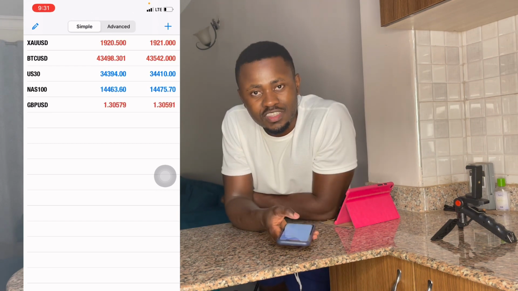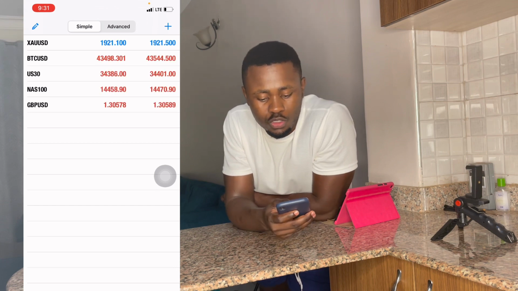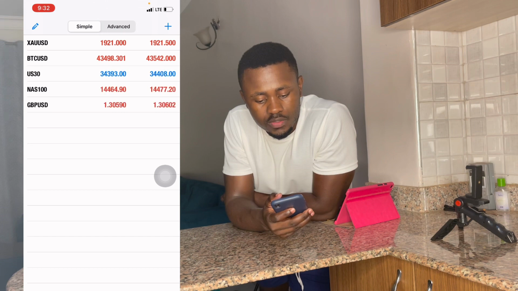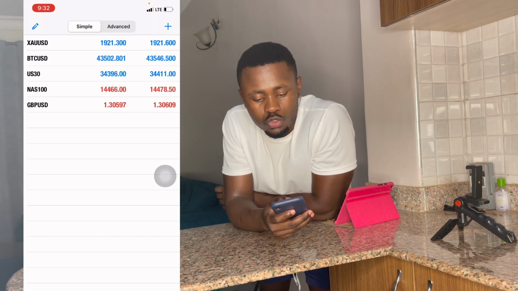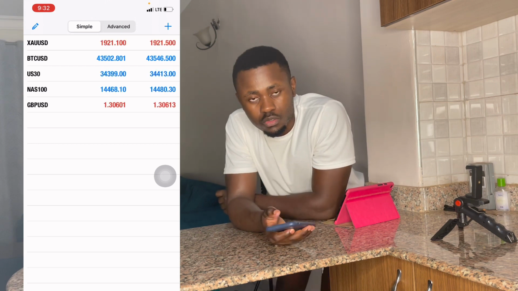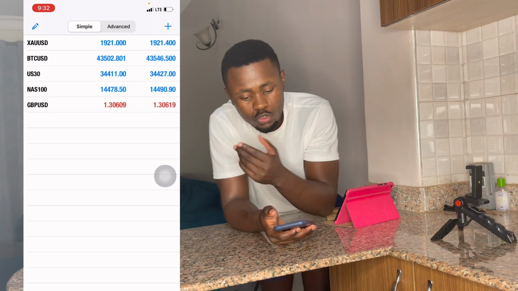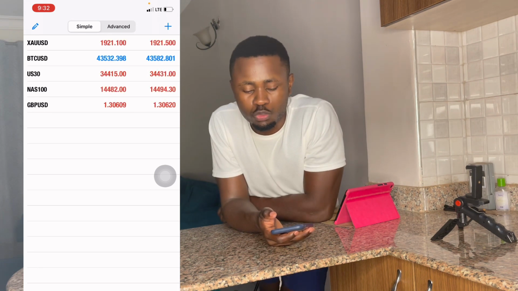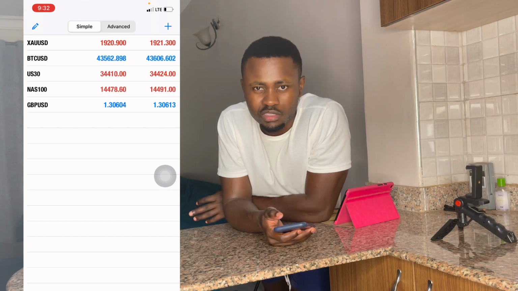So the first thing that you will notice is that I'm only trading 5 currencies. The reason I'm trading 5 currencies is that I'm able to manage and see all the movements of these currencies. Also, I've mastered all these currencies for all the years I've been trading. So you should also take notice of this and reduce your currencies to just a few, not trading 10 currencies.